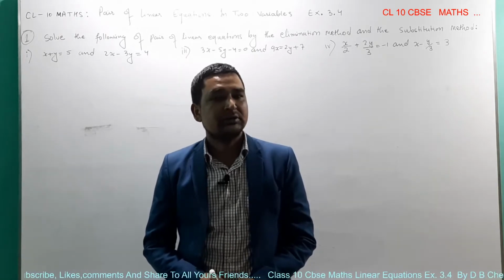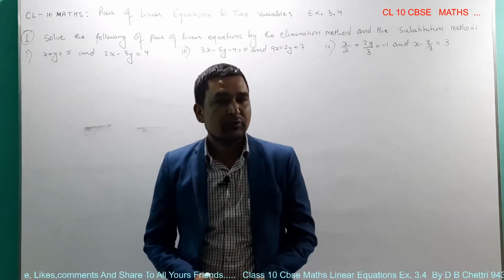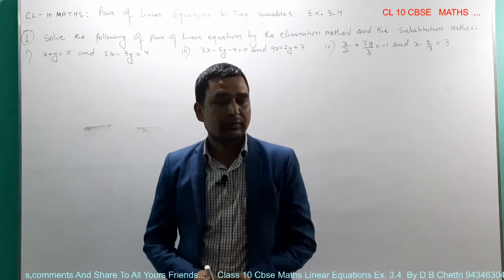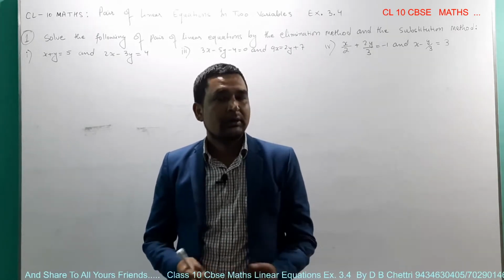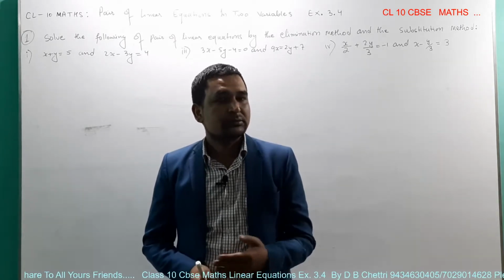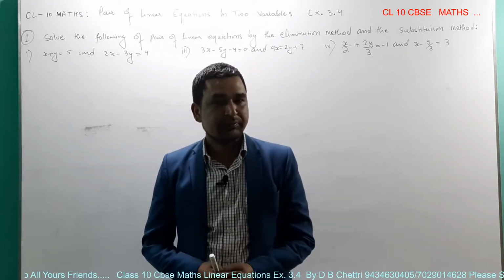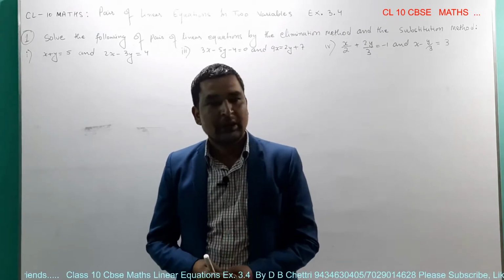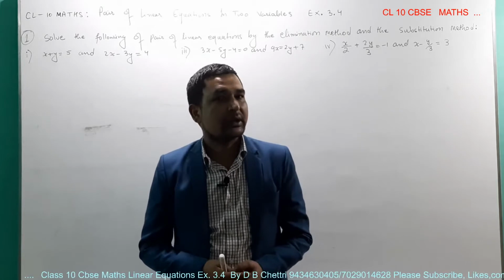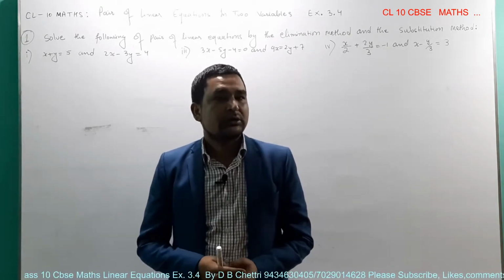In this exercise we are going to learn a new method to solve the pair of linear equations, that is elimination. Eliminating means removing one of the variables to solve the equations. It is more convenient and easier than the previous method, substitution.